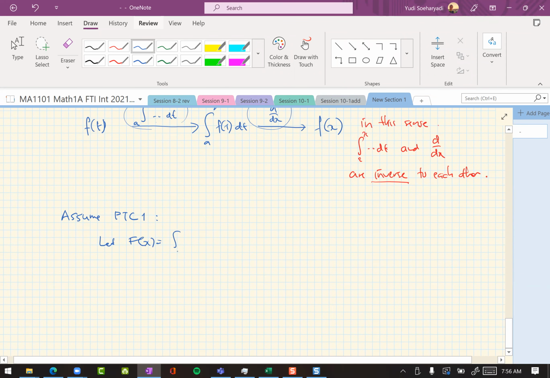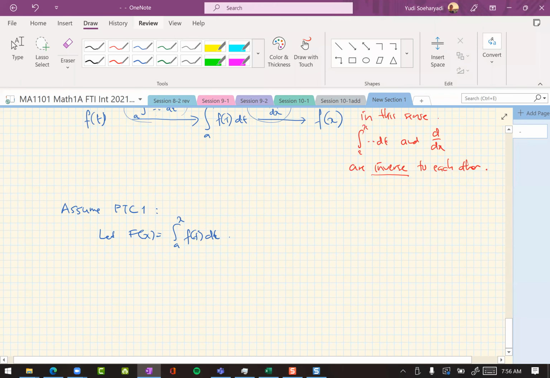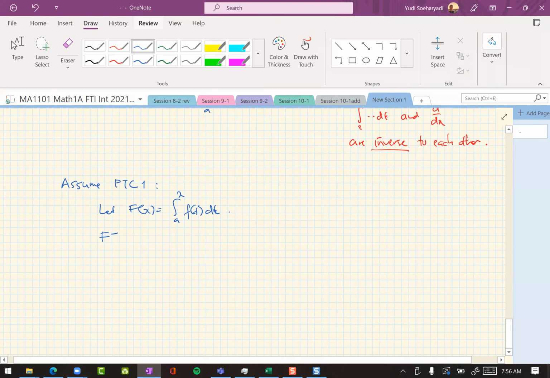X is t. So by FTC, that is the derivative of F of x is actually f, meaning that this F is an antiderivative of f.